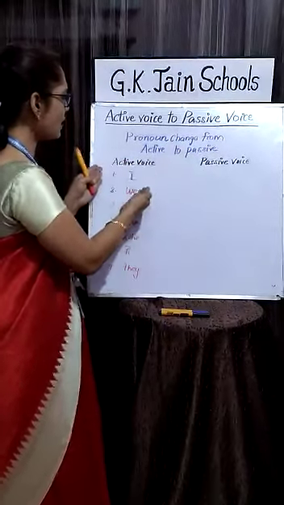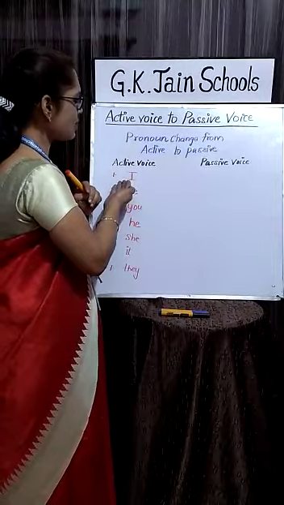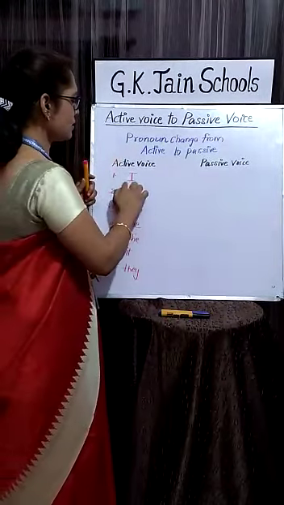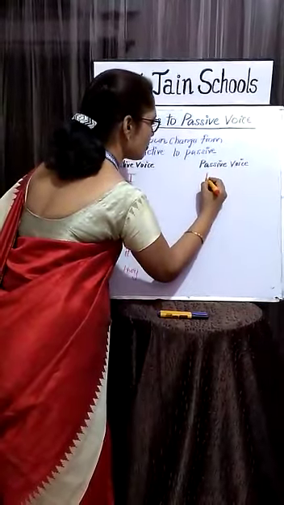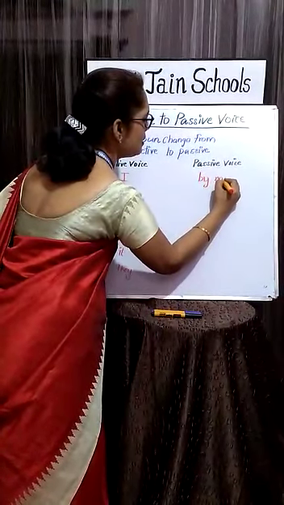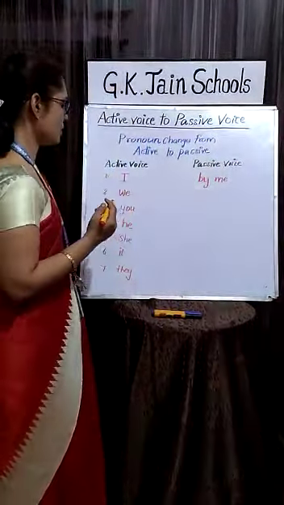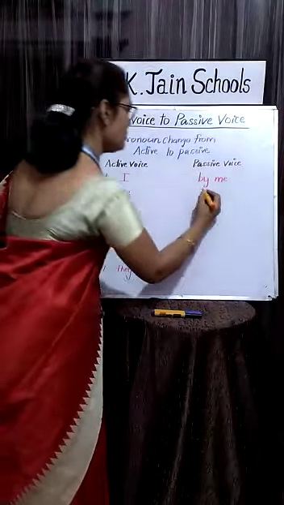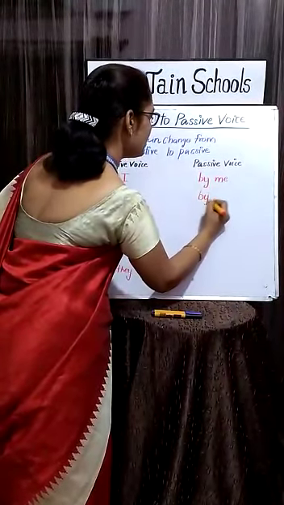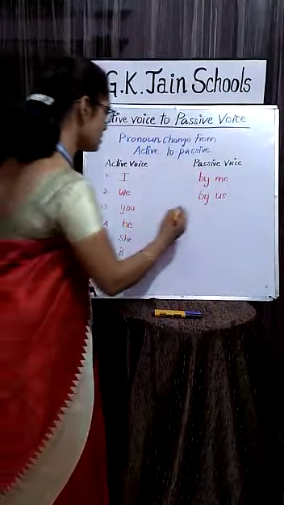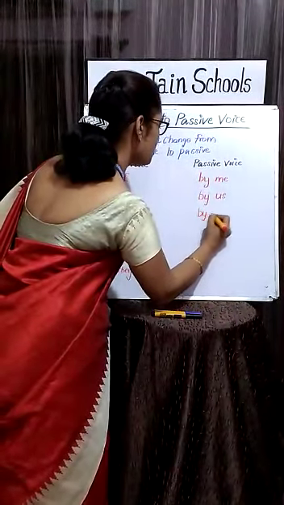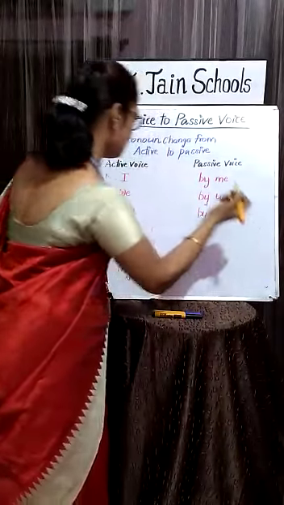So if our active voice has the subject I as a pronoun, it will be converted to by me in the passive form, and we will be changed into by us. You remains the same, there is no change. It will be by you.